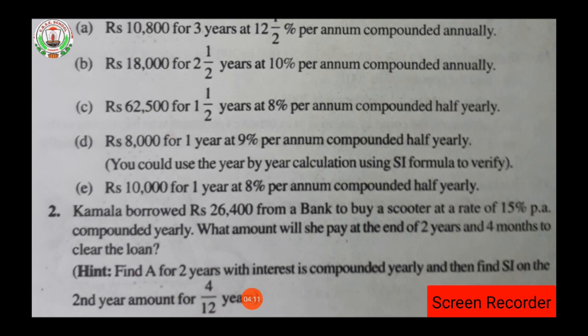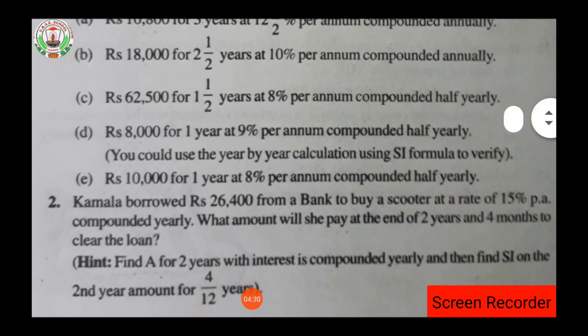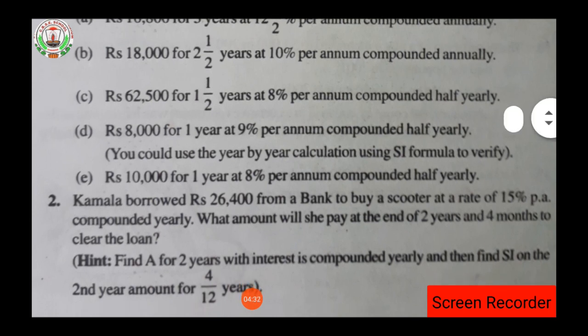Per annum means compounded annually, compounded yearly. Sometimes in the question compounded yearly, half yearly or quarterly is not written; it is written per annum, per half yearly, per quarterly, like this. Here PA is the full form, per annum. So the rate here is 15%, and we have to find the compound interest.